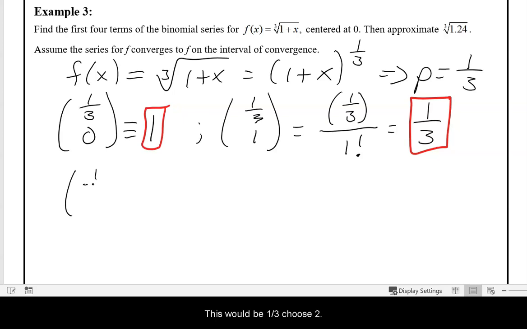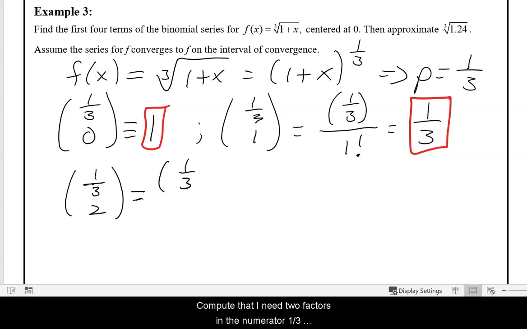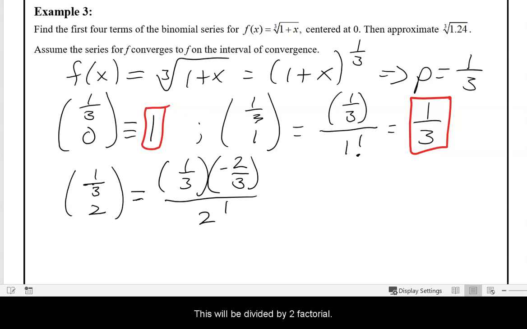This would be 1/3 choose 2. To compute that, I need 2 factors in the numerator, 1/3 and then 1/3 minus 1, which would be a -2/3. This will be divided by 2 factorial. Since 2 factorial is the number 2, we should end up with, I believe, and I hope, -1/9.